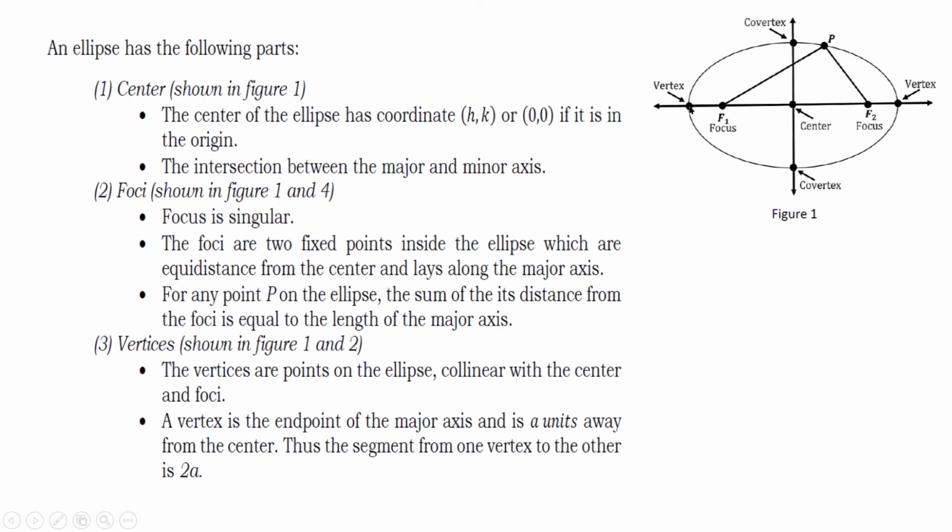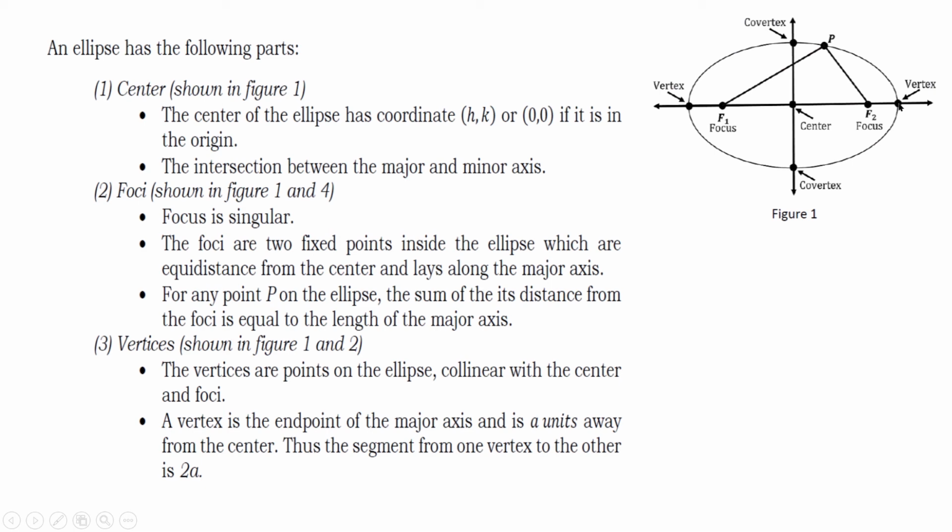For any point P on the ellipse, the sum of its distances from the foci is equal to the length of the major axis. So the sum of this one and this one is equal to the length of the major axis. Vertices: the vertices are points on the ellipse collinear with the center and foci. These are our vertices.